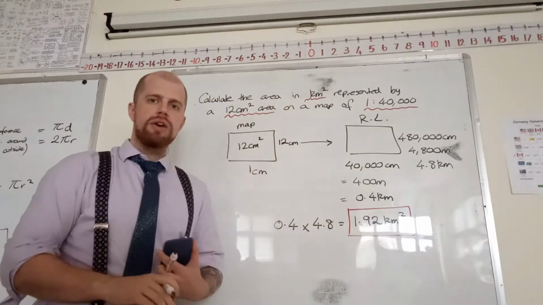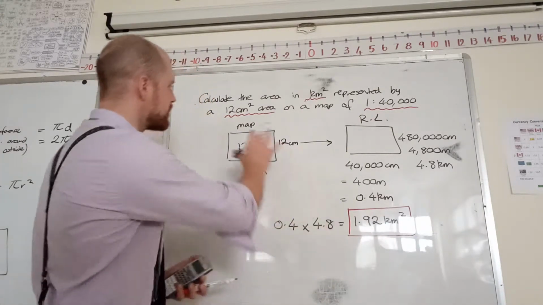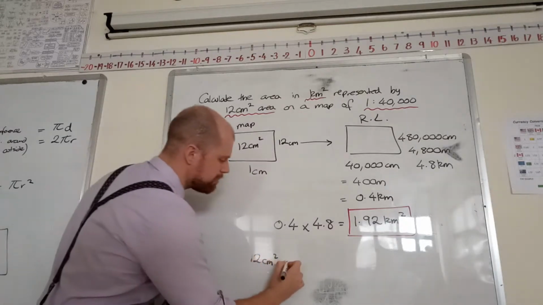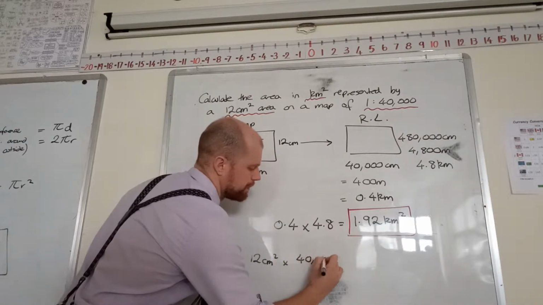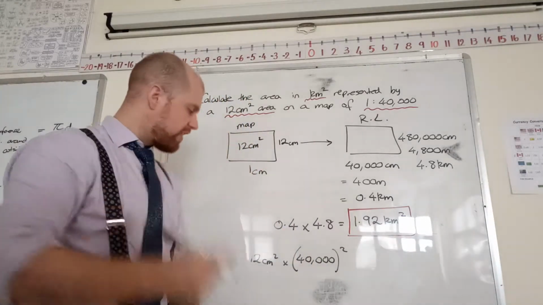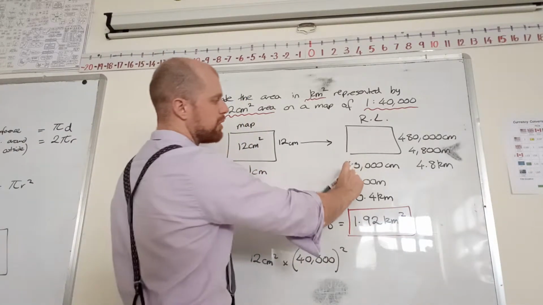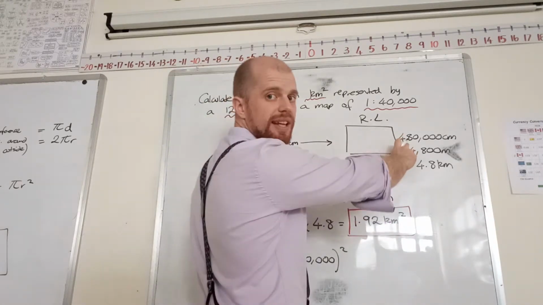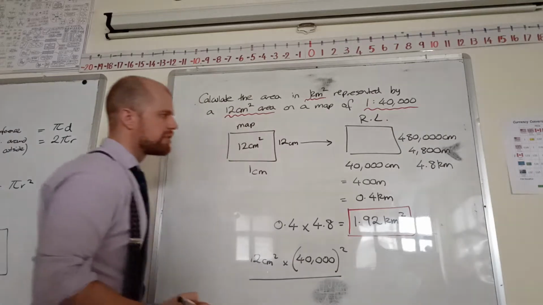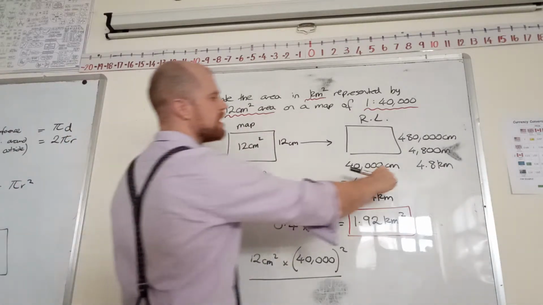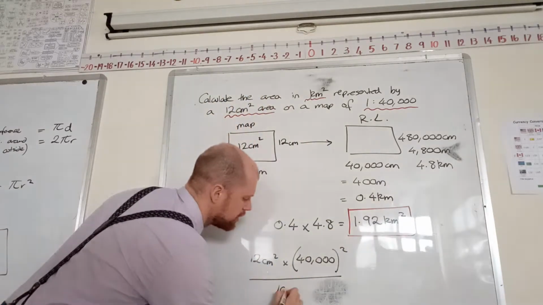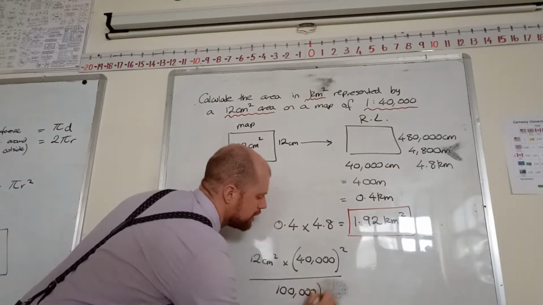If you want to do it algebraically, what you can do is take your 12 centimetres squared, and times it by the ratio twice, and the reason we do that is that we convert each length. You see we've multiplied it once here and once here, so we do it twice, and I divide by the conversion, which in this case is 100 and 1,000, so it's 100,000 squared.